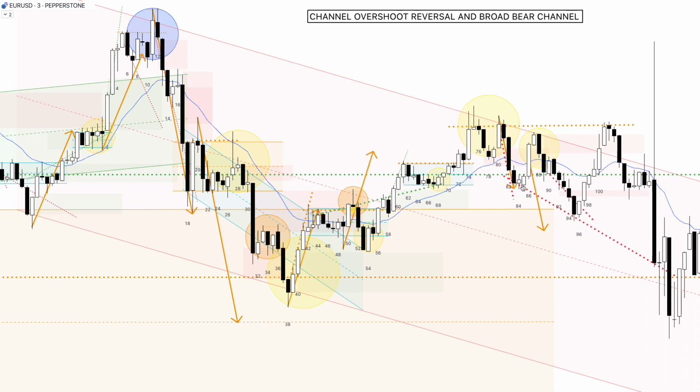So we fail. We do get two legs back, but this one pulls pretty far back. So if you took a scalp or you scalped out a portion after a few pips and then you held, you may have got your stop hit there, and then we ran down. Again, it started to trend down.